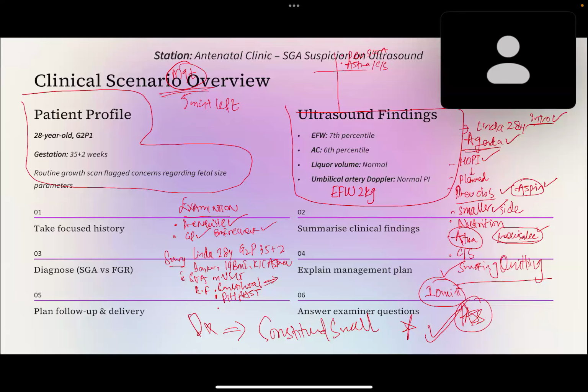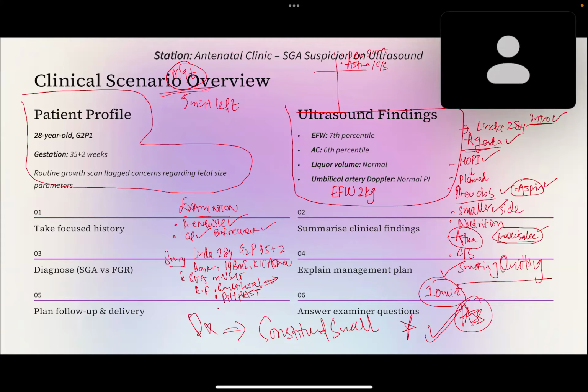I will tell her that we will deliver the baby after 37 but no later than 39 weeks. I will ask her to keep an eye on the movements of the baby. If she feels their movements have been reduced, report right away.